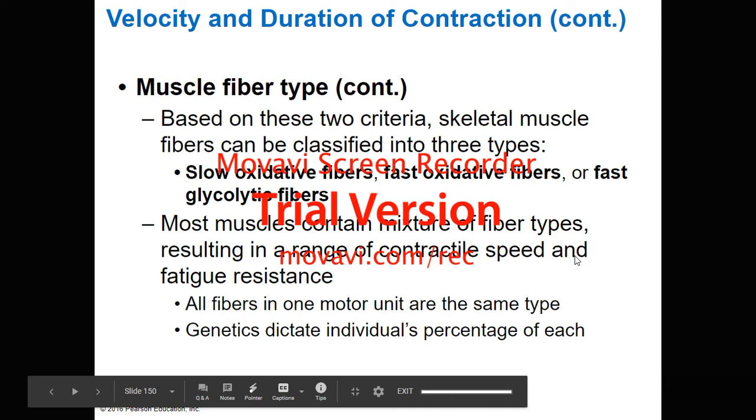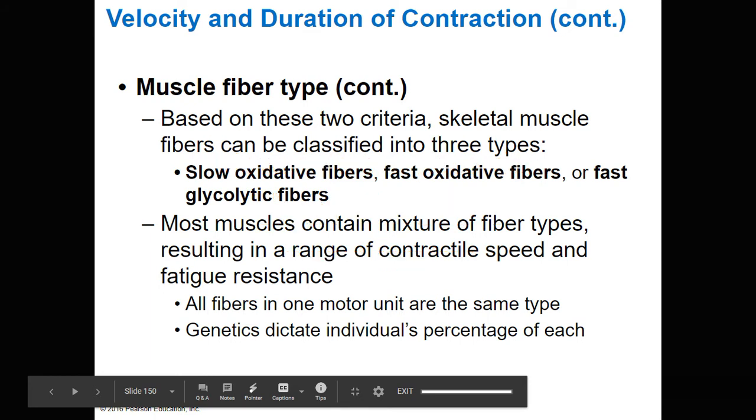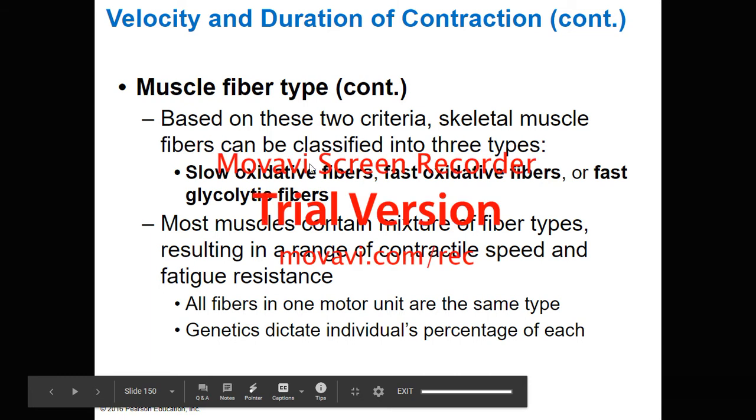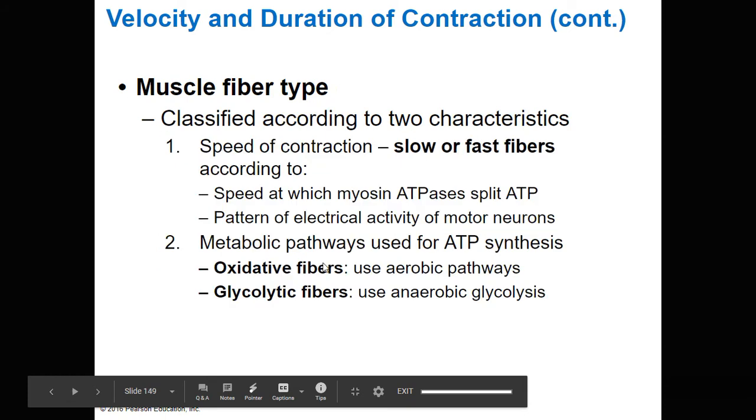All right, so based on these two criteria, skeletal muscle fibers can be classified into three types: slow oxidative fibers, fast oxidative fibers, or fast glycolytic fibers. Without even going into more detail, we know we're dealing with slow and fast, which, remember, tells you about the speed at which the myosin ATPase splits ATP.